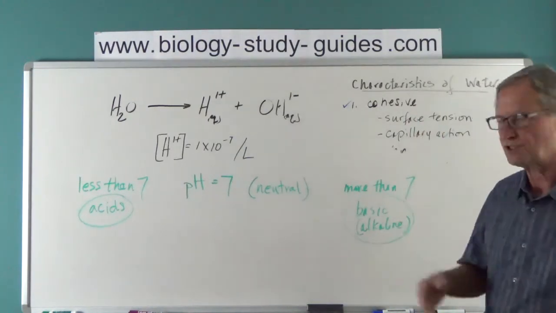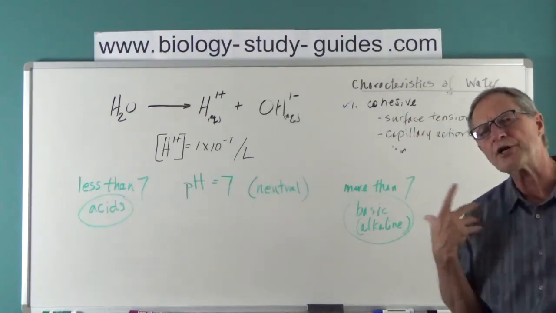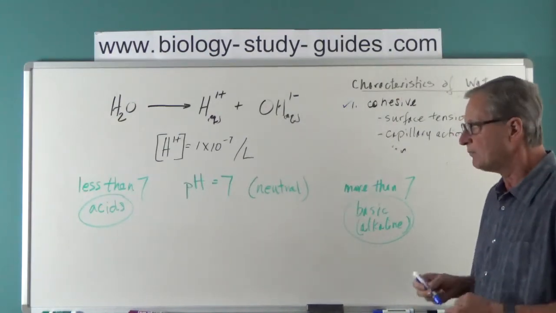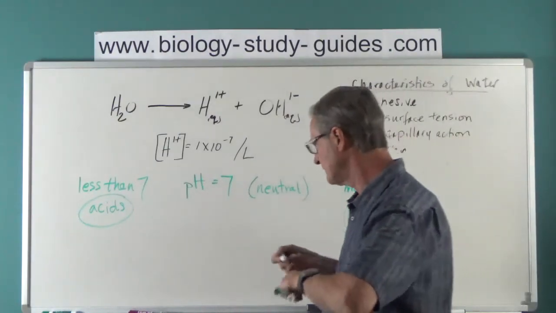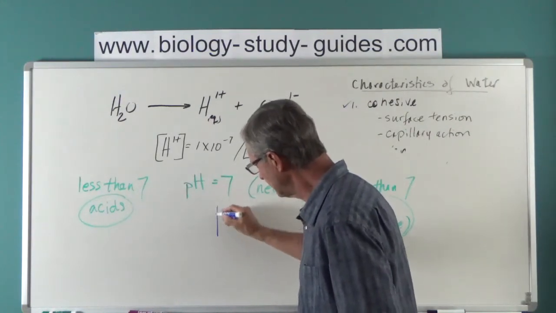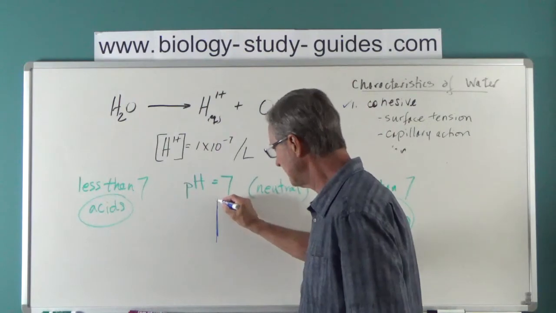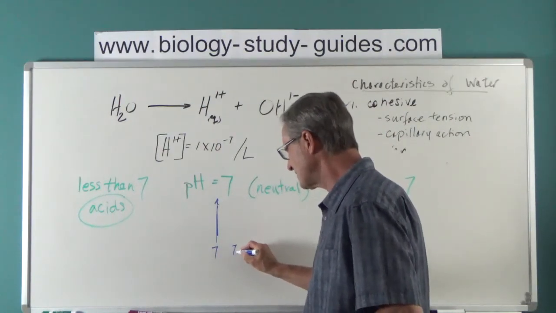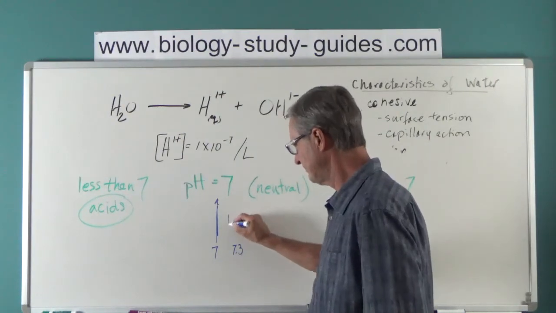Alkaline and basic mean the same thing. So let's look at some examples. I've mentioned blood several times in this video already. Blood's pH, if I say this is 7, right there, pH of 7, blood is around 7.3.